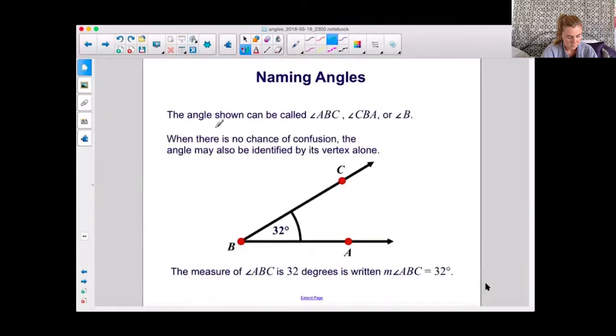The angle shown can be called angle ABC, angle CBA, or angle B. When there is no chance of confusion, the angle may also be identified by its vertex alone. The measure of angle ABC is 32 degrees, and that's written like lowercase m, angle ABC equals 32 degrees.